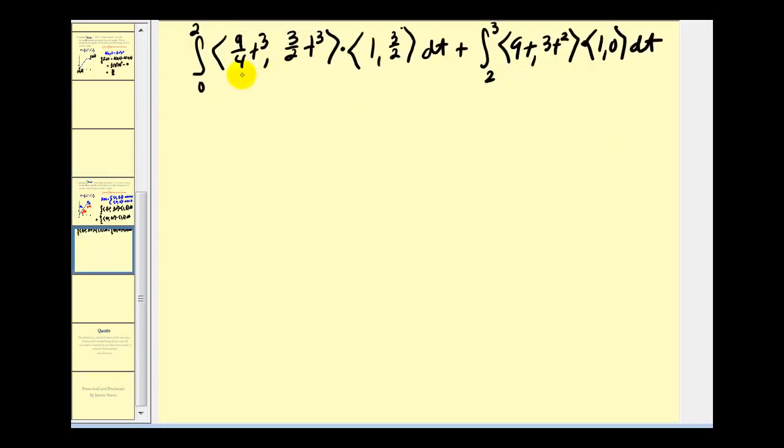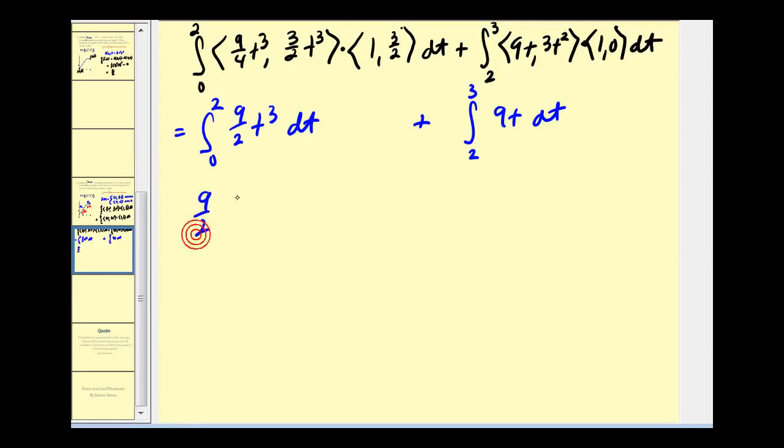Okay, so here we're going to have 9/4 t cubed plus another 9/4 t cubed. It'll be 18/4 or 9/2 t cubed. Here we'll just have 9t. So we'll have 9/2 times t to the fourth over 4.